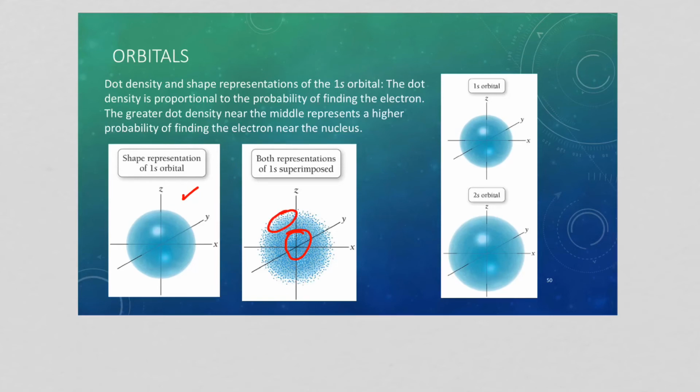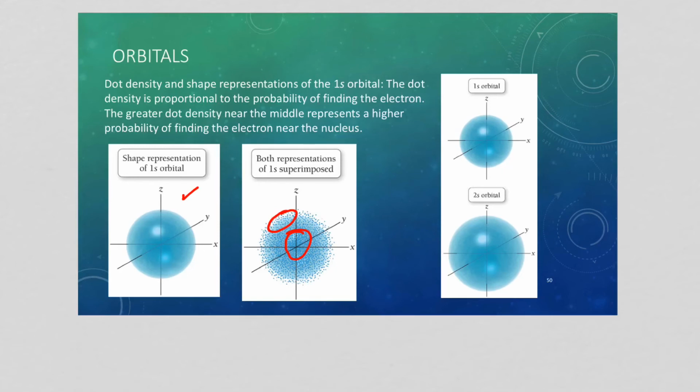And typically we use the solid structure, and what we understand is that within this solid structure is that probability map. And so this represents the area which, say, 90% of the time the electron would exist, and within that area there's certain areas that the electron is more likely to be found. Now, we don't get into that level of detail here, but we just want to be able to recognize the shape that goes along with these different letters.